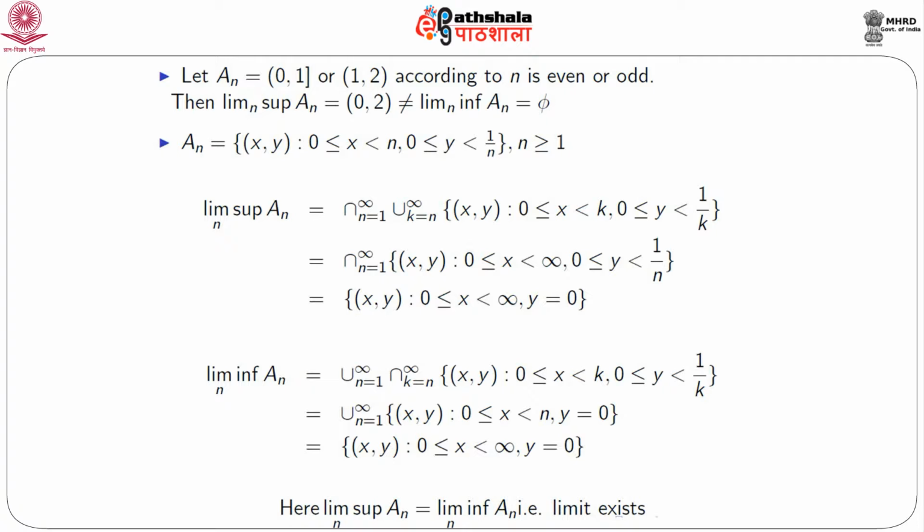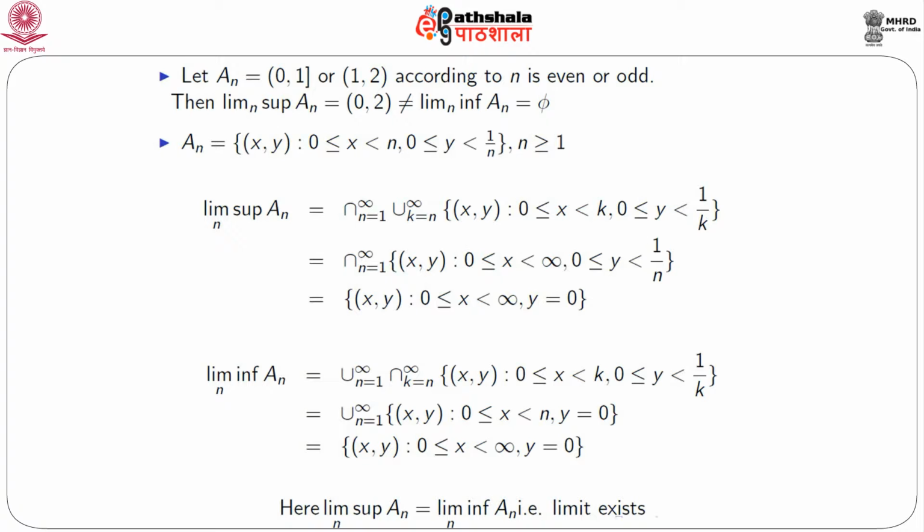Now, we have to take the intersection. That means we have to consider the smallest set, because we are taking the intersection. For x, it is independent of n, so nothing will happen to the limit of x. But in the case of y, the intersection will reduce it to y equals 0.